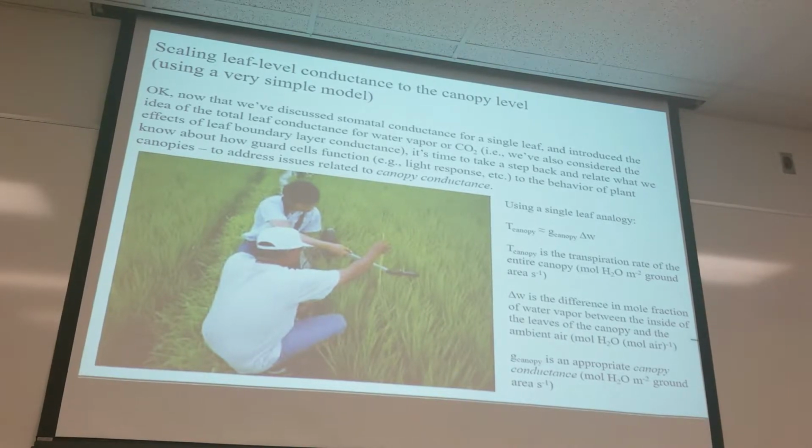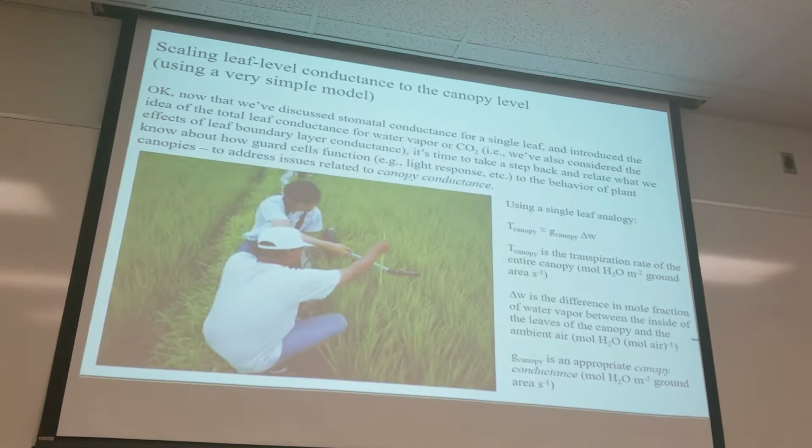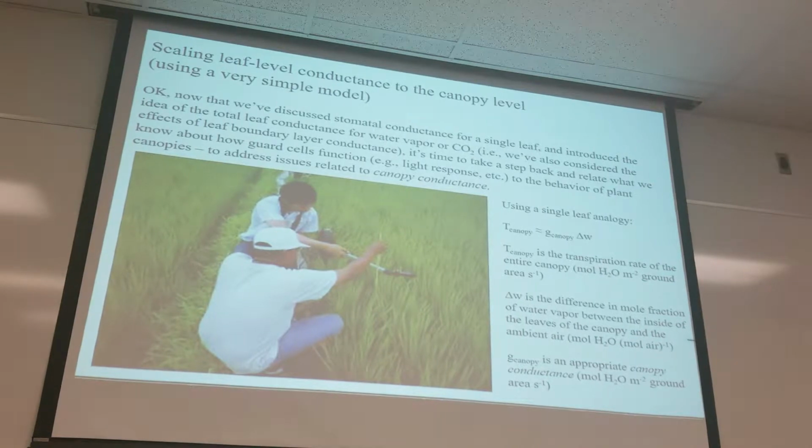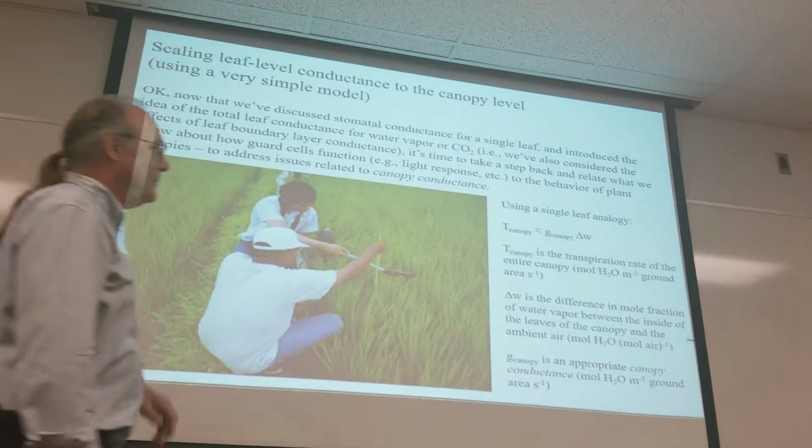What influences stomatal conductance? A big environmental factor: light, okay? So let's forget about everything else and just think about light, right? Stomata are closed in the dark, open in the light. Can we use that knowledge to say something about water use by a plant?